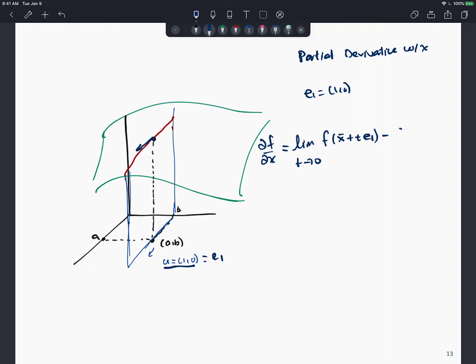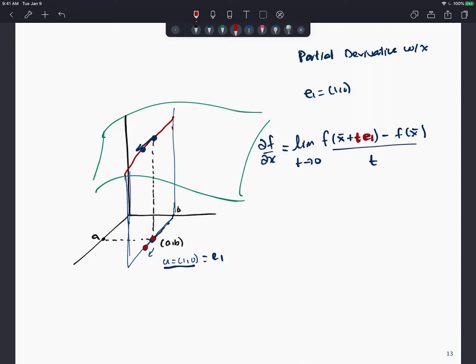Then minus f of x, the point, divided by t. Right? So I'm measuring what is the value of the function at this point, what is it at a nearby point, subtract those two values, divide by t, it's the difference quotient as in Calc 1, only that you're adding a multiple of u to the vector x. So you move from this point (a, b) to a point over here. And you take the limit when t goes to 0.